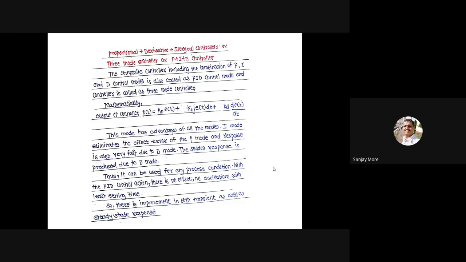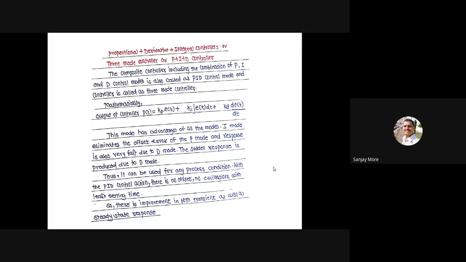So the three mode controller or PID controller is the combination of proportional plus derivative plus integral controller. That's why it's called a three mode controller, also called a composite controller. See the output of this control: the combination of three outputs, proportional output plus derivative output plus integral output.